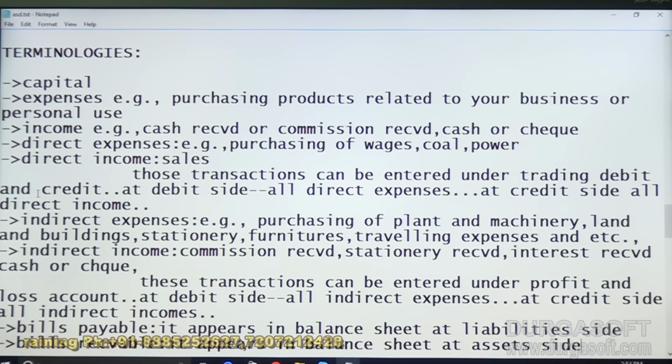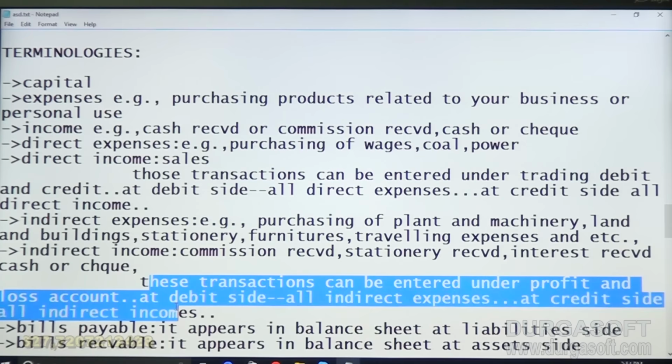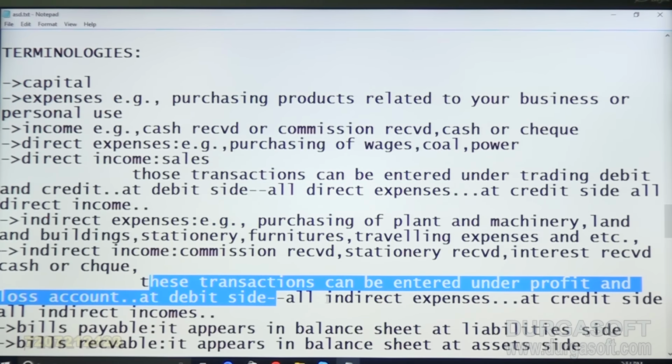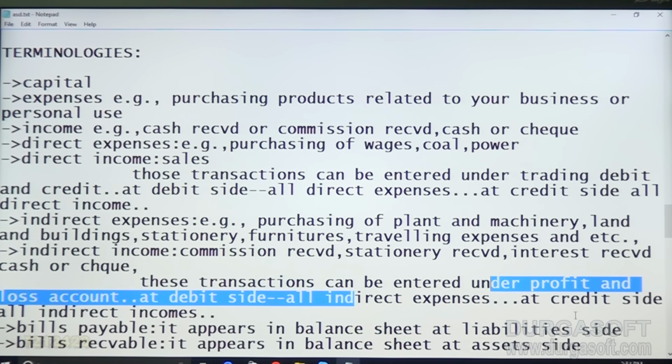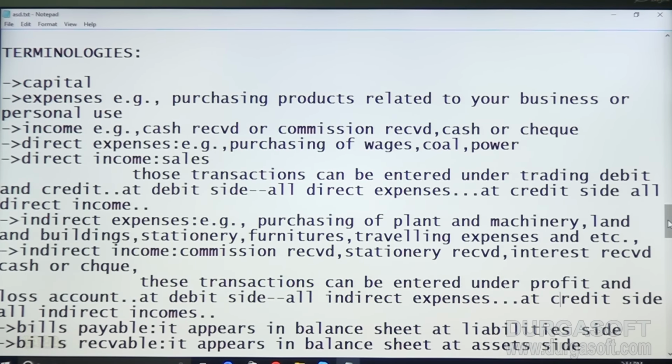Here we can see indirect income: all commission received, stationery received and interest received, cash or check, all those can be entered under the profit and loss account. At the debit side we can see all the indirect expenses, and at the credit side all the indirect incomes.